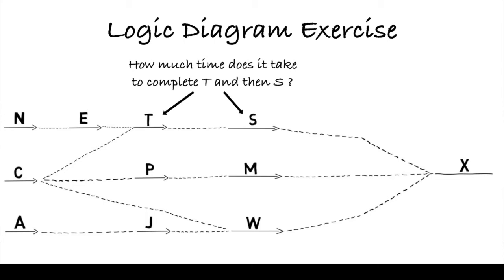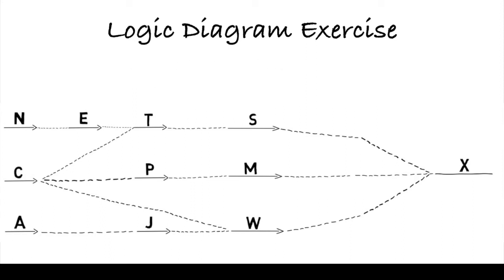In our next lesson, we are going to complete this logic diagram exercise, taking it one step further by adding the time it would take to complete each operation. We will then create a two-scale chart which will finally give us the proper perspective and overview of the entire project. Stay tuned.